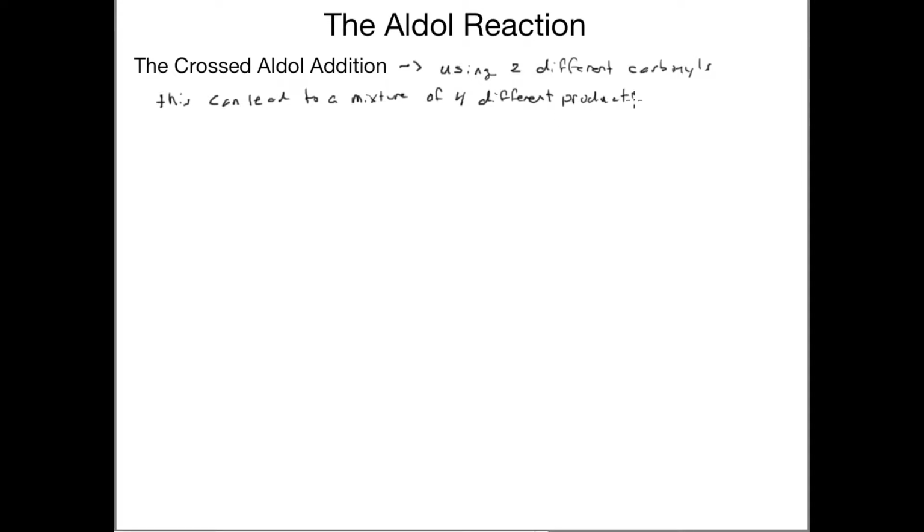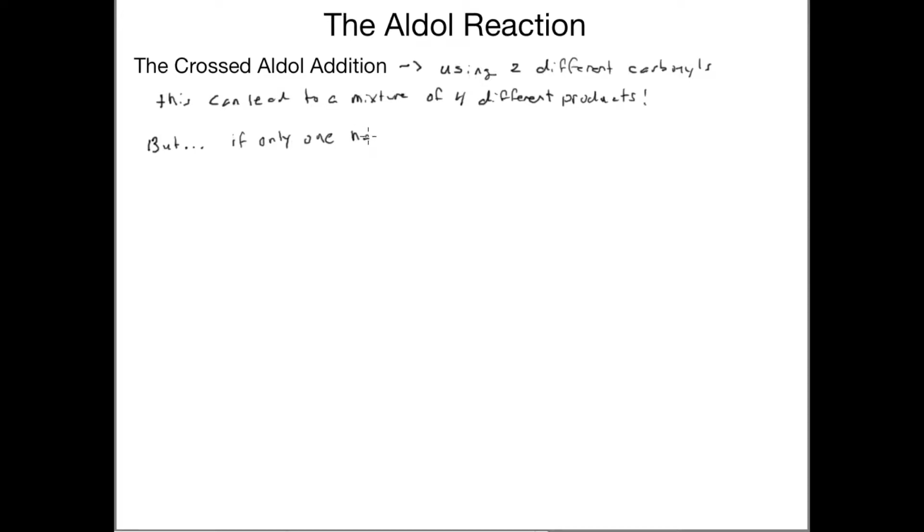You can sort of affect this if you use something as an aldehyde that has no enolizable protons, and then another one that has only one set of enolizable protons.